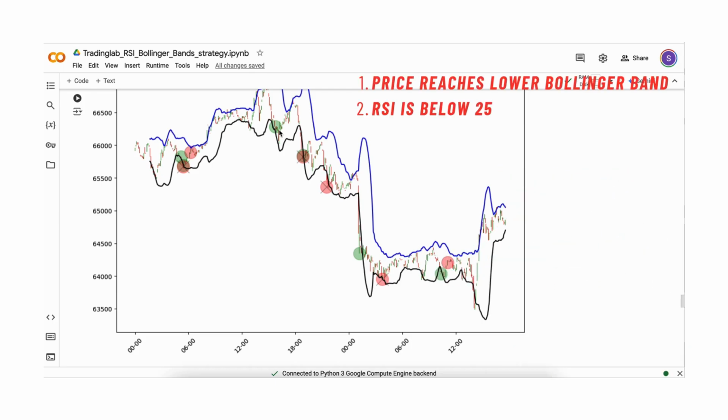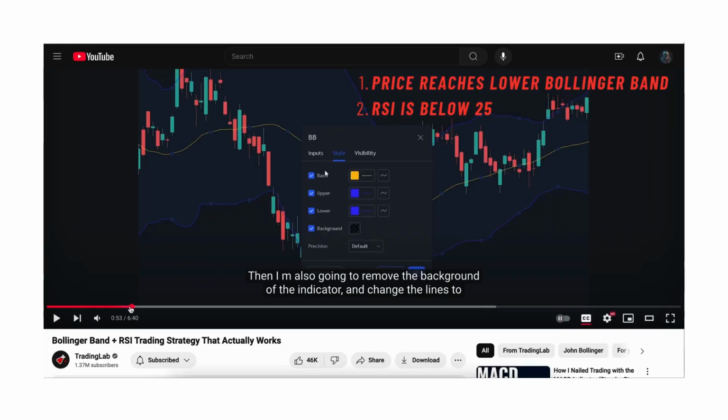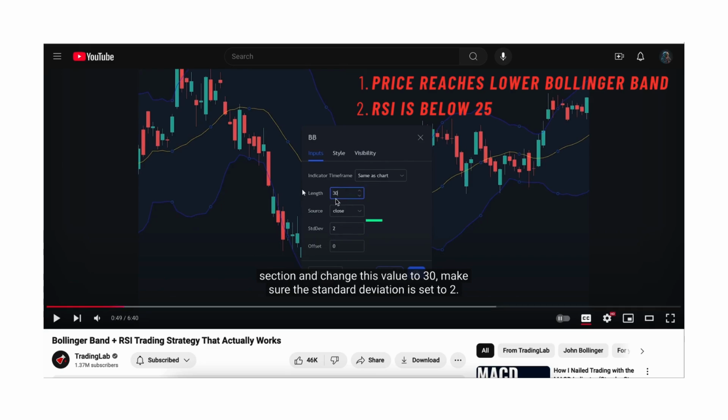The TradingLab video also suggests that you change the length of the moving average of the Bollinger Band to 30 instead of the original default setting. So this is in essence the strategy, and we are only going to take long trades and no short trades.